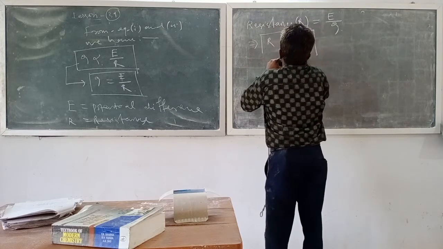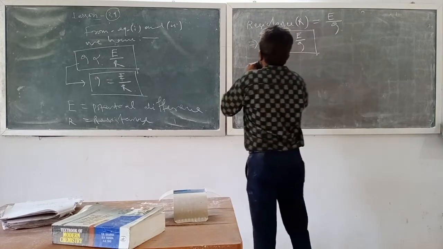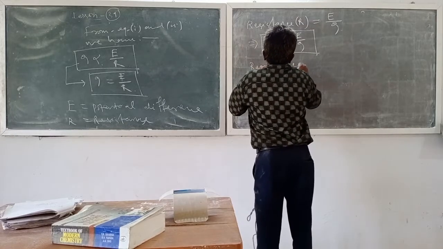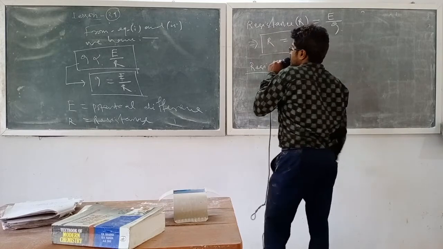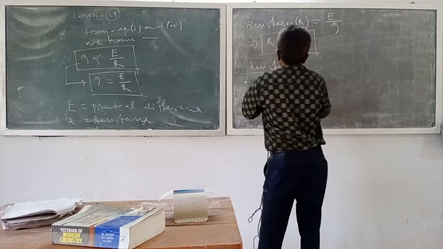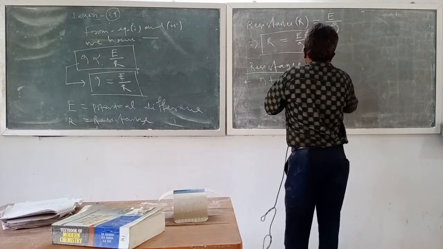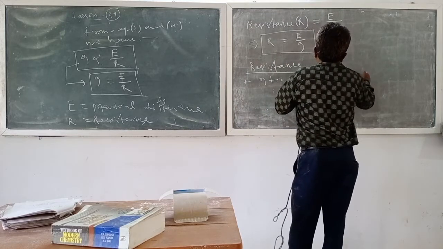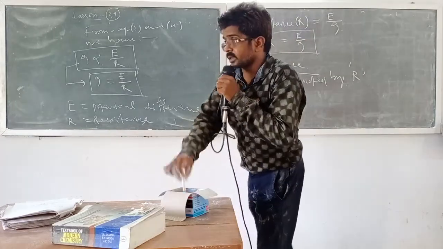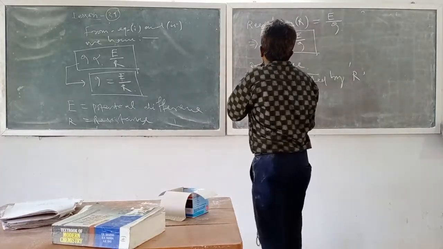So R is the resistance. So what is resistance? Resistance is denoted by capital R. Resistance is the property of the conductor.